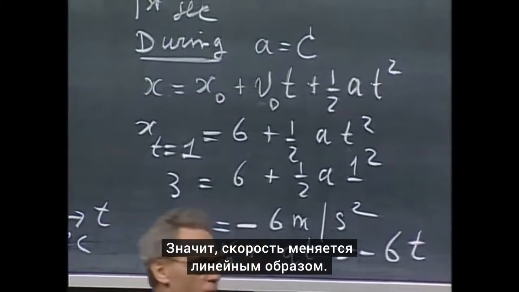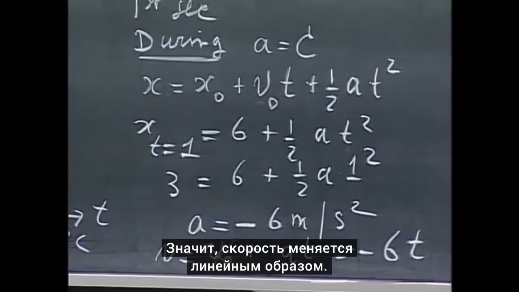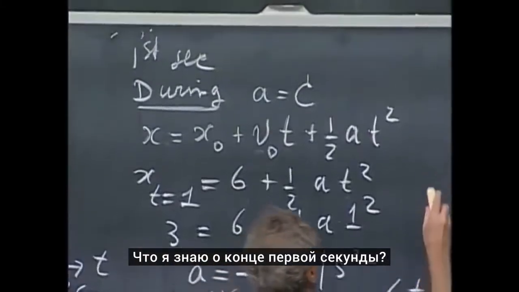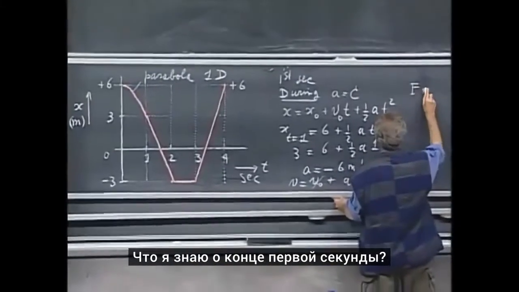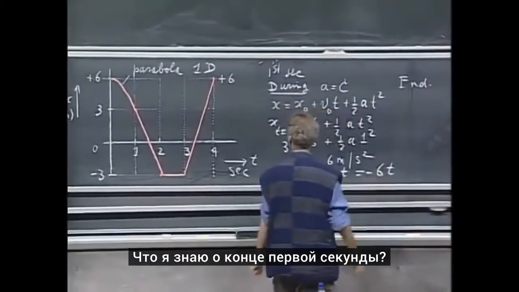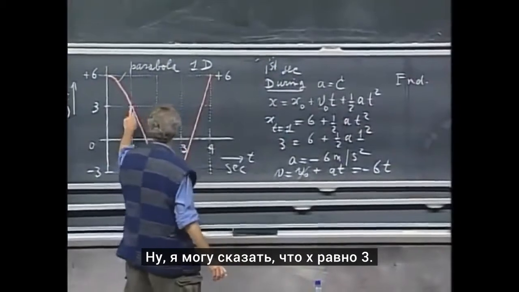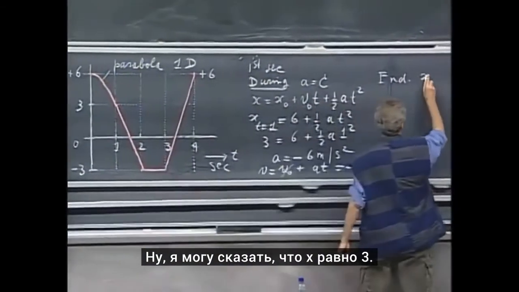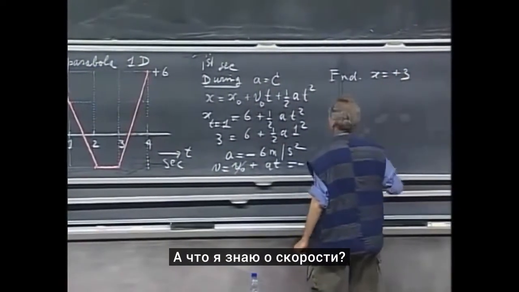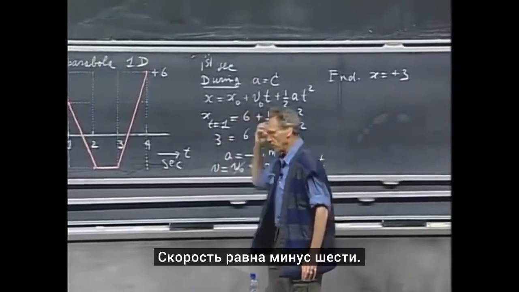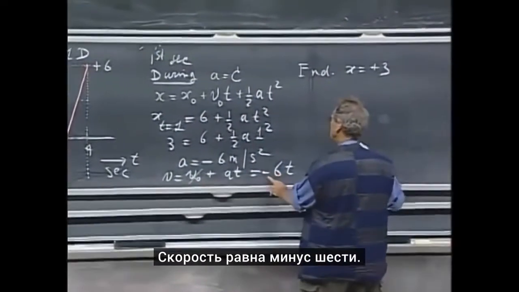So the velocity is changing in a linear fashion. What do I know about the end of the first second? Well, I can say that x is 3. What do I know about the velocity? Well, the velocity is minus 6.